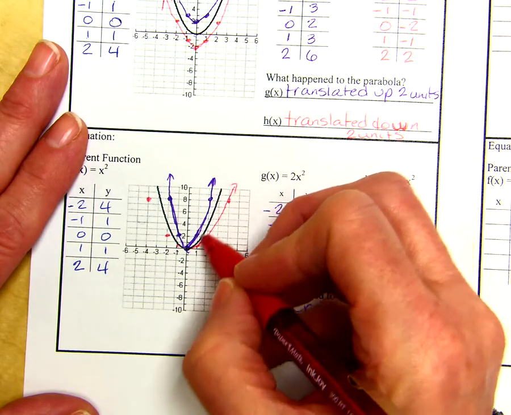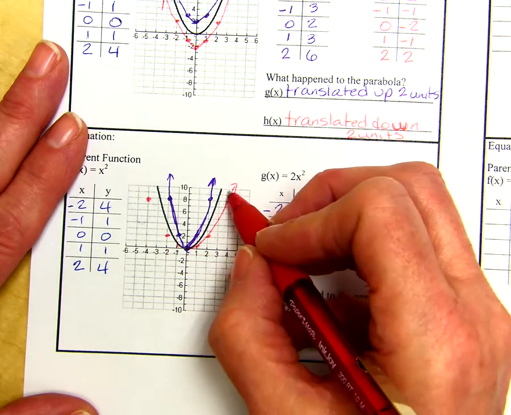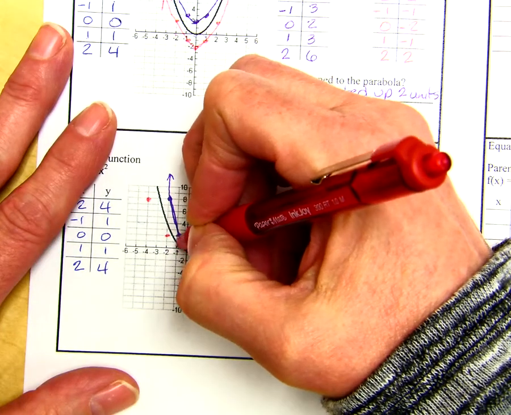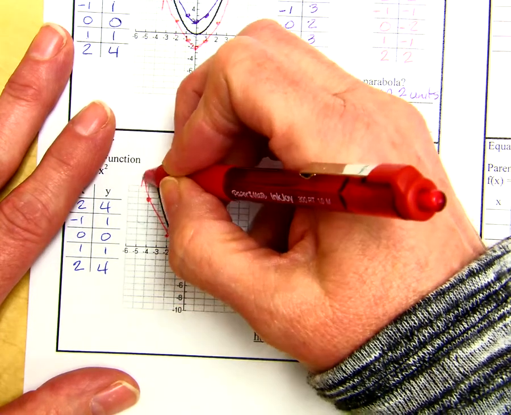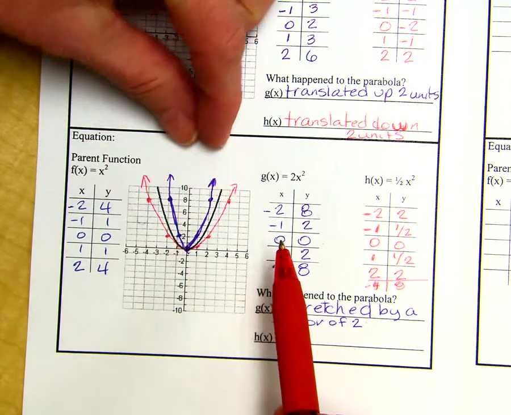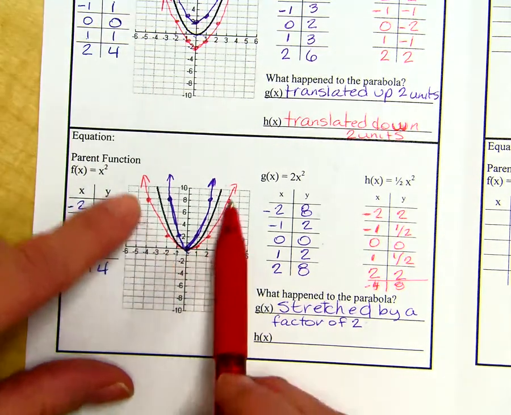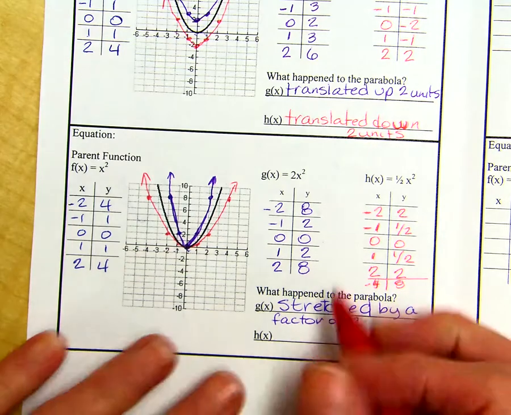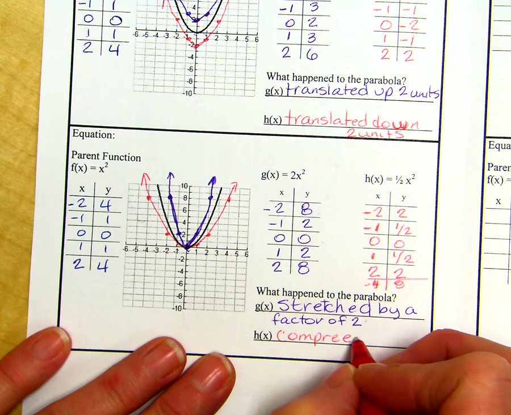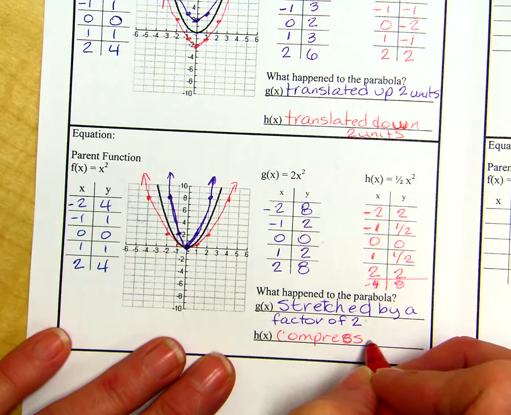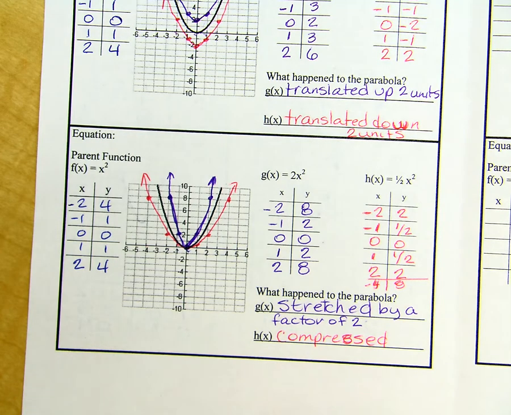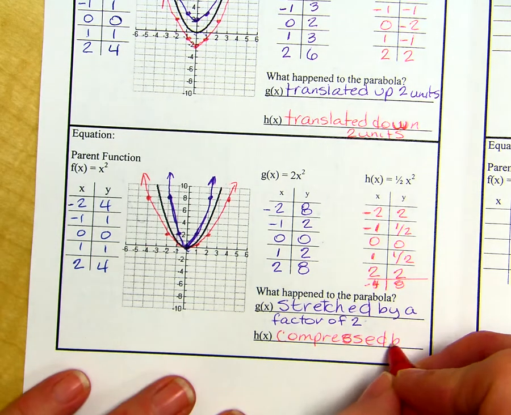Just so that you can see a little bit better how this is flattening out. So we took this line here, the parent function, and it's been opened up. So in g of x, we took this and we stretched it up, but in h of x, we compressed it. So this was compressed by a factor of 1/2.